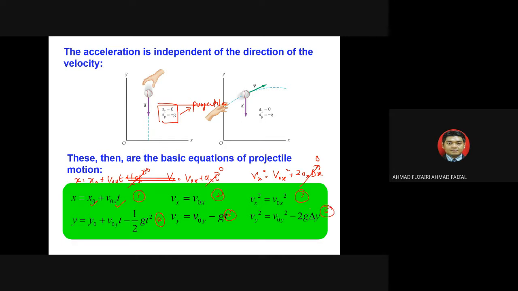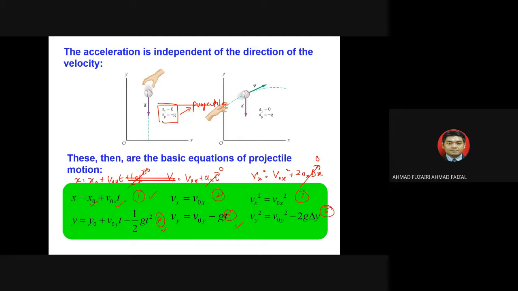Normally, when we do the problems, we only use number 1, usually. Based on my experience, we will use a lot of equation number 1, equation number 4, equation number 5, and maybe some other equations.